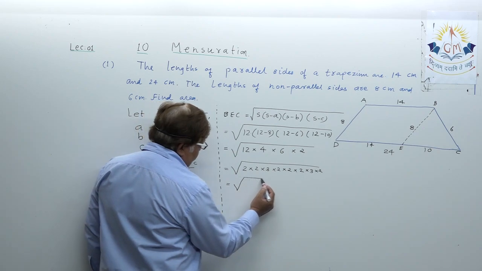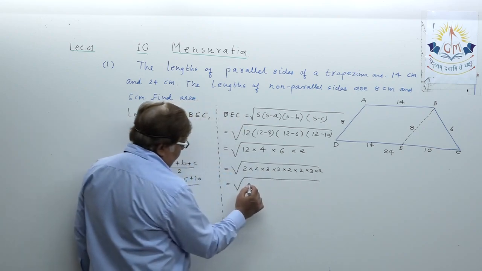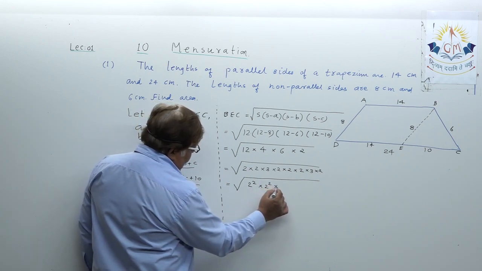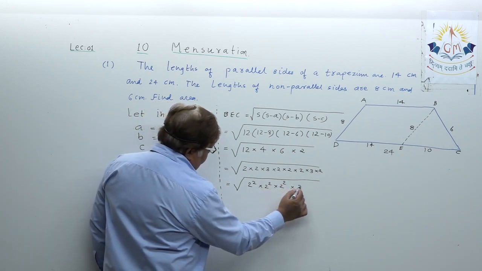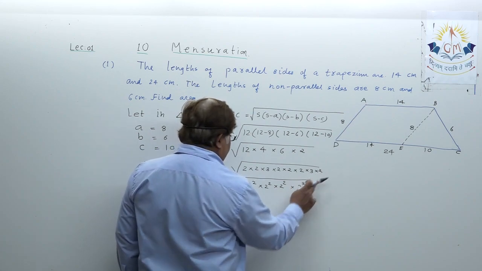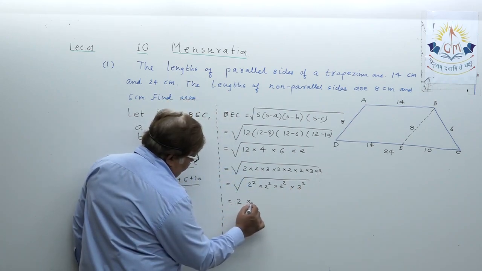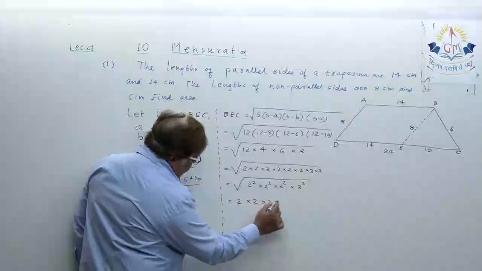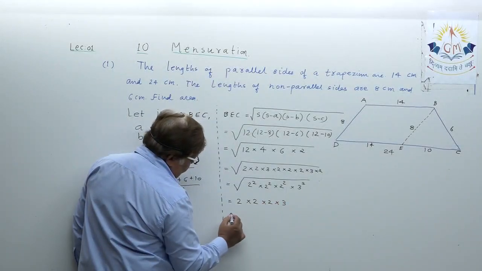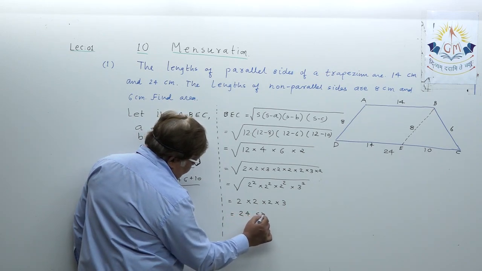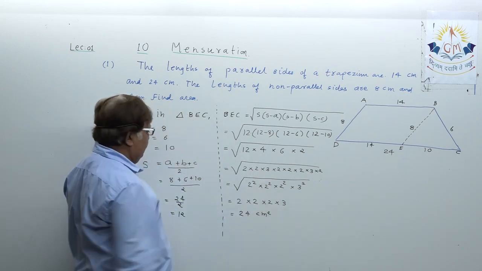Let us make the pairs. 2 square, 2 square, 2 square and one pair of 3 that is 3 square. Okay. Take them out. 2 into 2 into 2 into 3. This turns out to be 24 square centimeter.